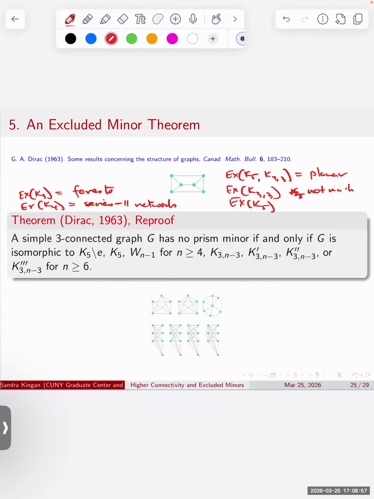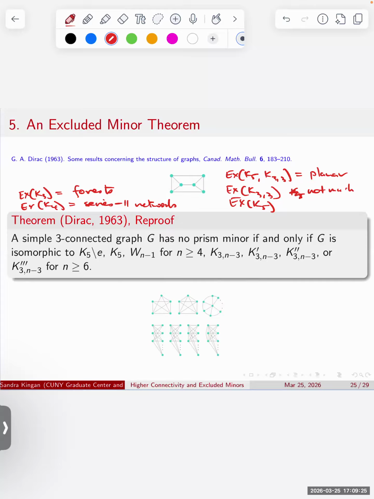EX K5, Wagner did. And Wagner did this result, but this class is too big for all three connected graphs. He determined essentially the internally four connected ones. So when the class is too big to determine just the three connected members, then we raise the connectivity to internally four connected.